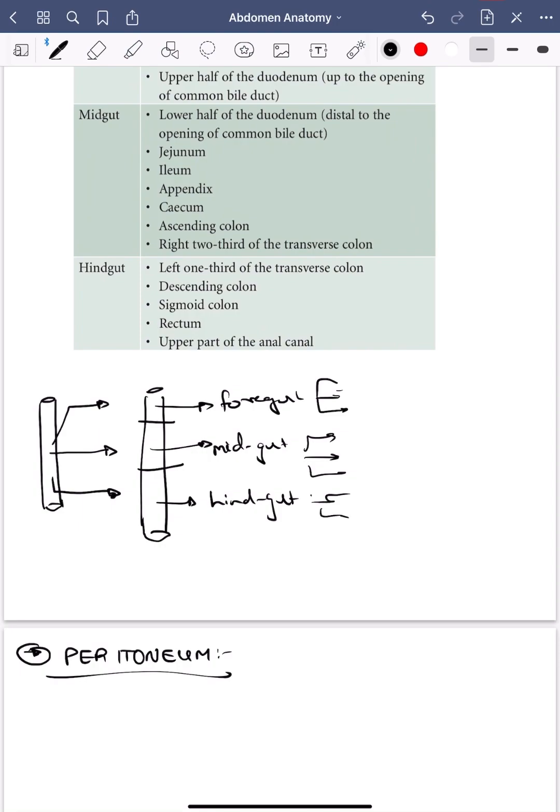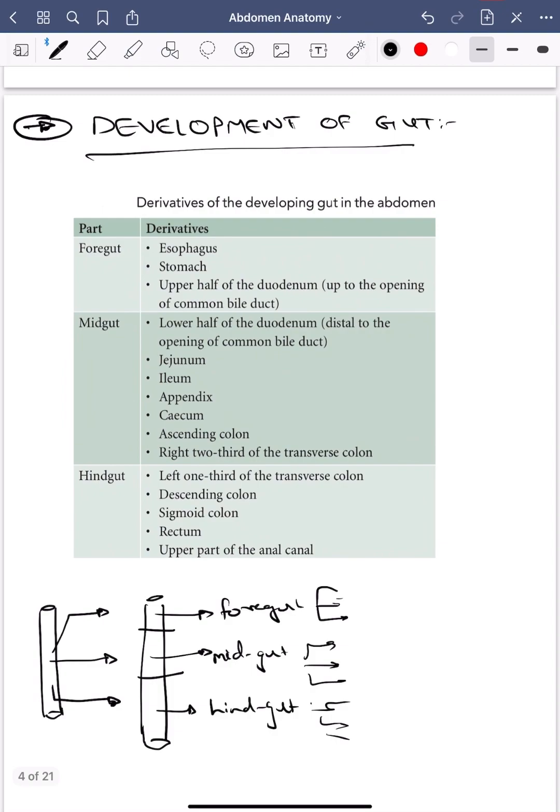Okay, now the feature of the development is, we have the aorta that lies posterior to the gut tube. So imagine the abdominal aorta being like this. Now the arterial supply of the foregut, midgut, and hindgut will be common.